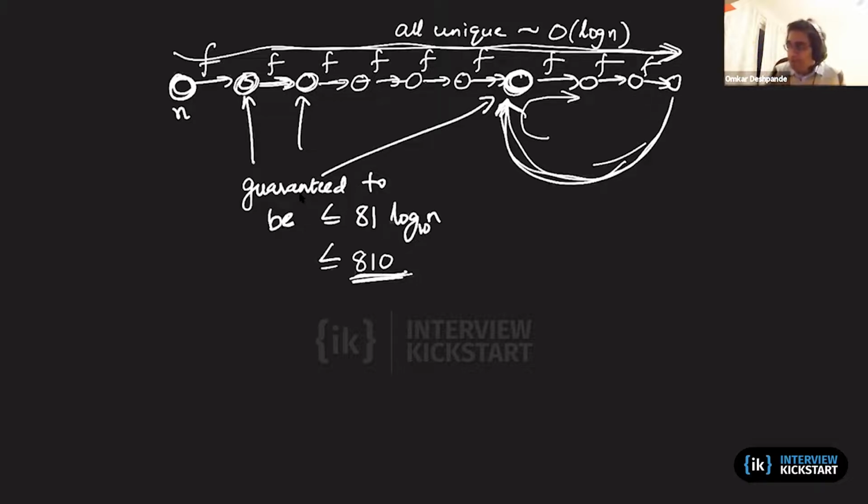So here the pigeons are analogous to the numbers that we are generating by applying the f's, and the pigeonholes are like the values that we have under 810. Once you generate enough number of pigeons, it's clear that multiple of them are going to map to the same value. And once that happens, everything repeats.